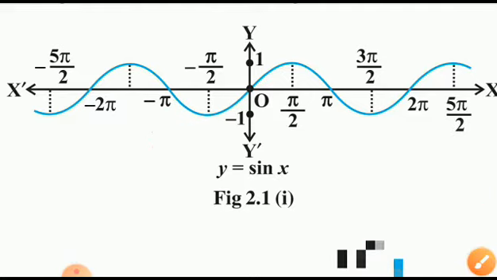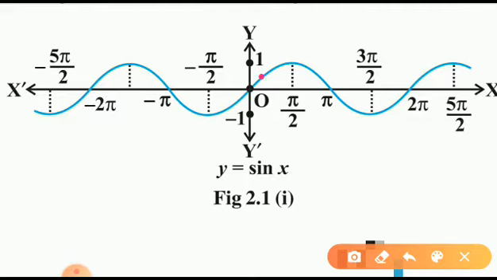Now see here, this is the graph of sine x. Now in the sine x graph, in order to define your sine inverse, that means my sine function should be a bijective function. Only then can I define inverse. Yes? Now see here, can I define sine inverse for this whole graph?